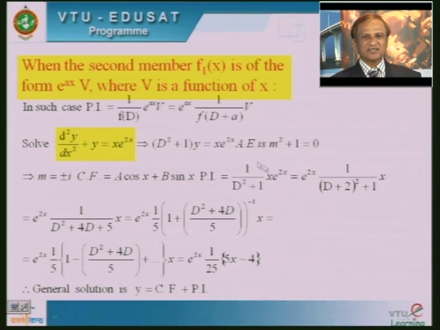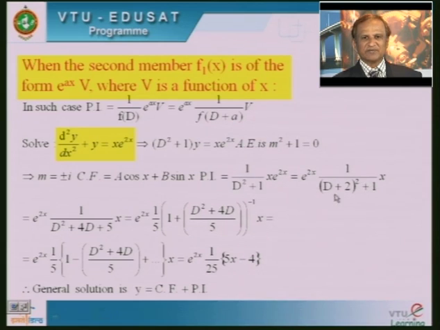The method says that I have to replace D by D plus a, where a is the coefficient of x. That is why here I have written e to the power 2x into 1 divided by D plus 2 whole square plus 1 into x, where x is v.